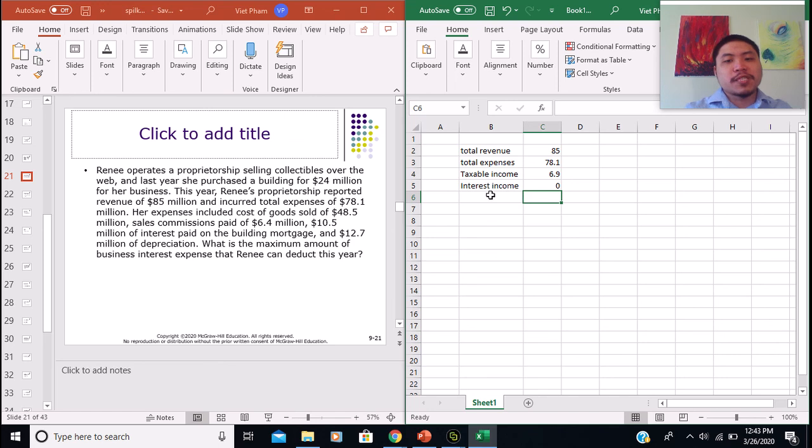After we take out the interest income, we have to add back the depreciation expense and the interest expense. So depreciation, in here we have 12.7 million, and then interest expense is 10.5 million.